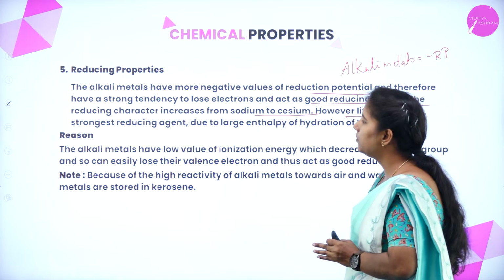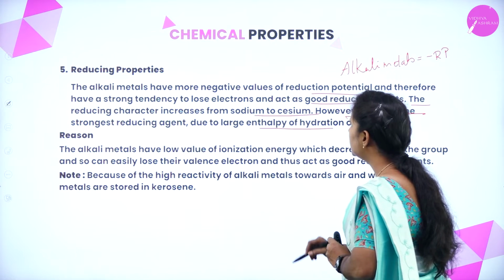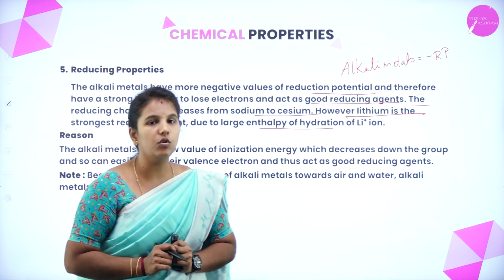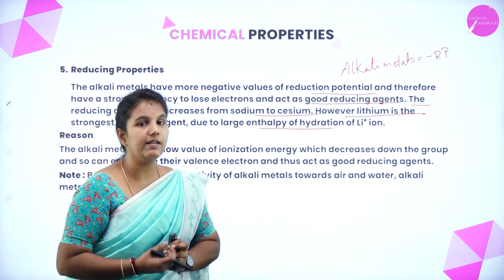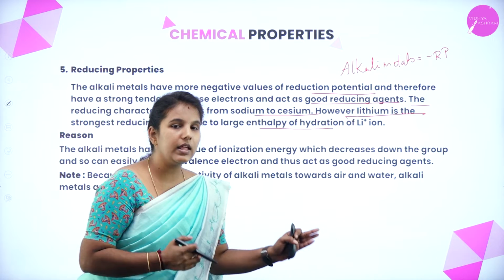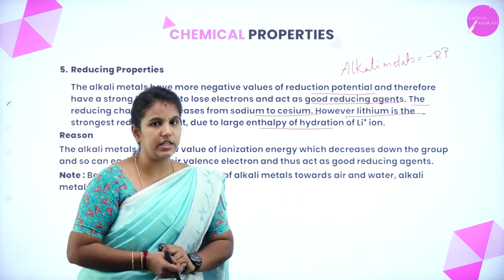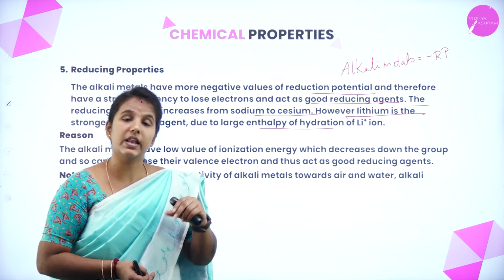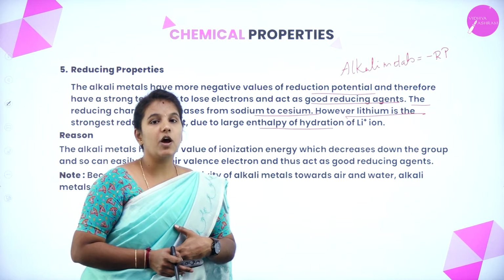However, lithium is the strongest reducing agent due to its larger enthalpy of hydration. As we move down the group, the reducing nature of these metals increases from lithium to cesium, but we have one exceptional case with lithium. When we compare lithium with sodium, lithium is a very good reducing agent because of its high enthalpy of hydration.